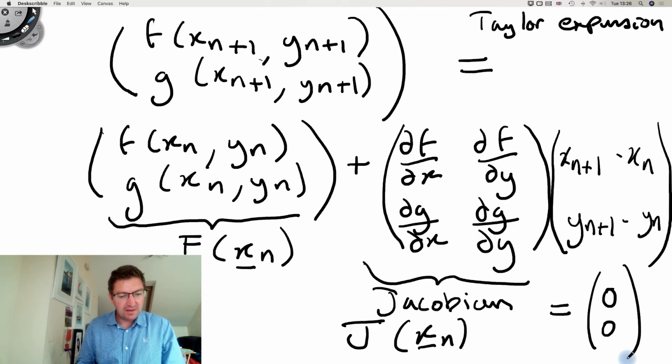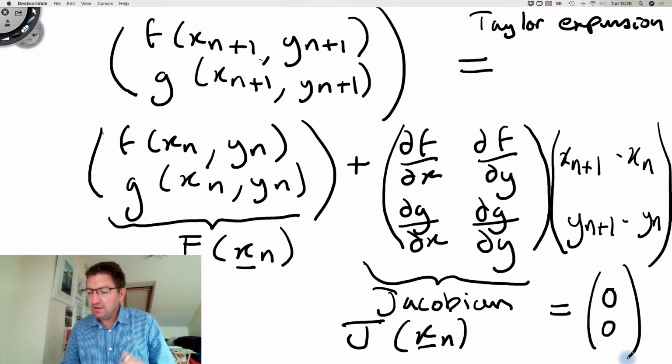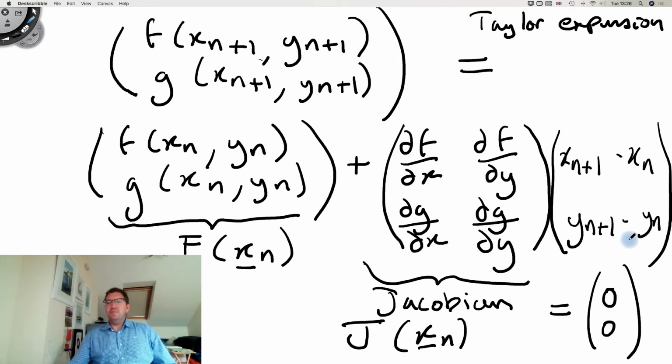Okay, so that last bit is saying we're finding the roots of these functions. But the key points here are that you've got your Jacobian, your change of x n plus 1 minus x n, and then you've got your function of x n. So this is not the Newton-Raphson at the moment. This is a Taylor expansion in terms of vectors, which contain your functions f and g.